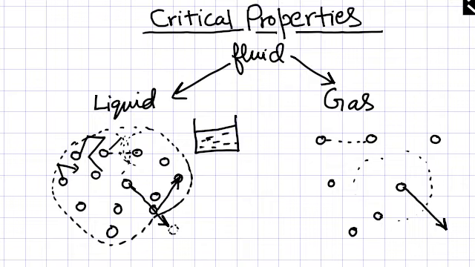All the molecules remain inside the boundary; when they try to come out, other molecules will pull them in. But this is not the case with gas. As you know, you cannot store a gas in an open container like this. You need to have a cylinder like this, so that molecules cannot escape.